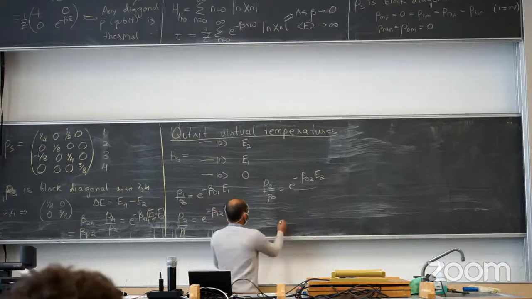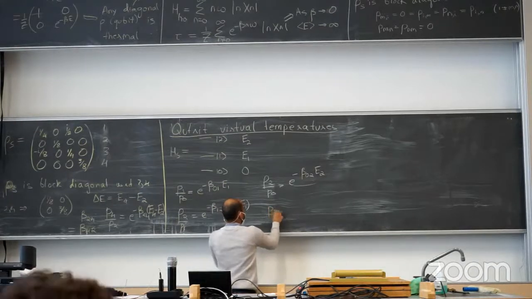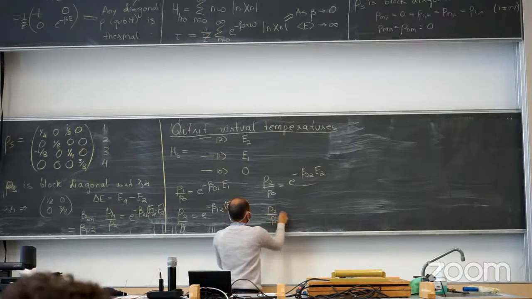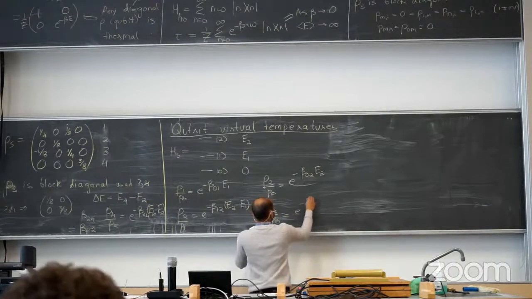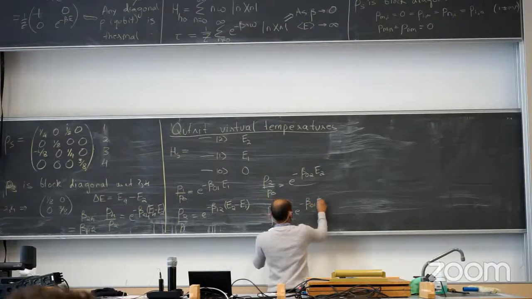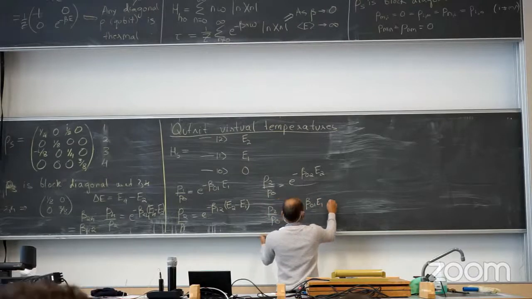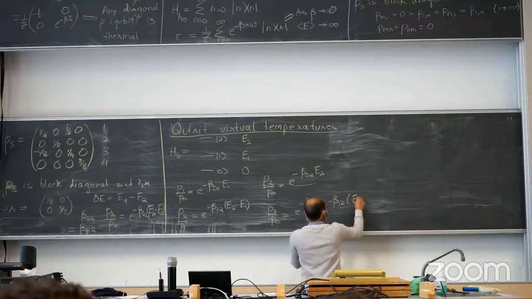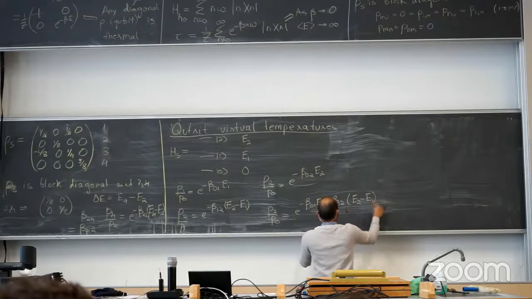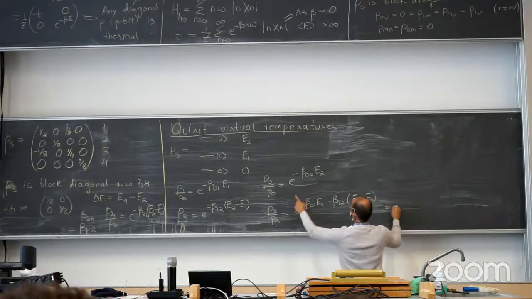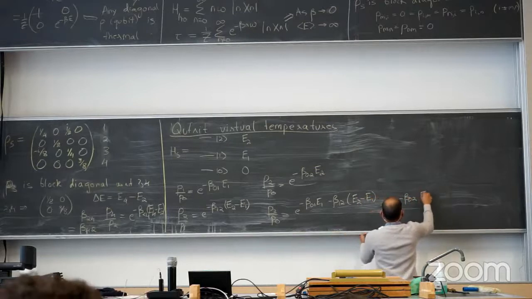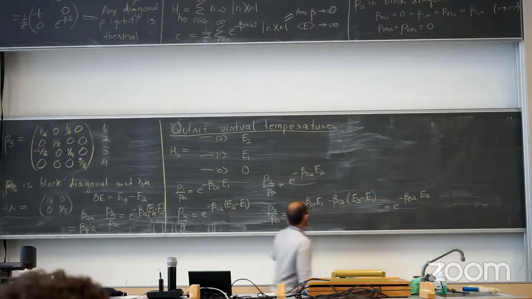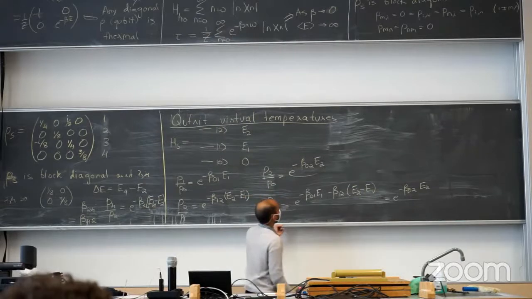And so what I get is that P2 upon P0 is both equal to the product of these, so e to the minus beta 01 E1 minus beta 12 (E2 minus E1), and this is also equal to the third one, so e to the minus beta 02 E2. So since these two things are equal, I can now simplify it.